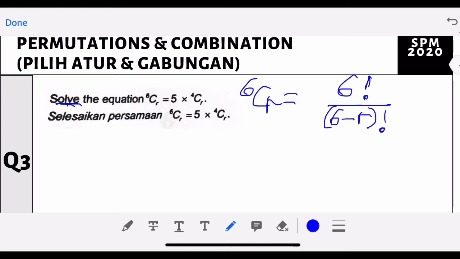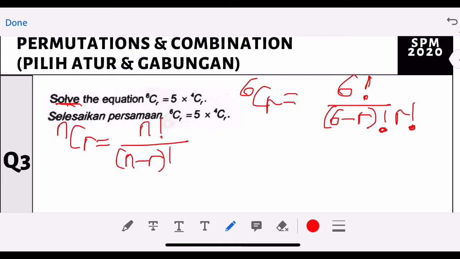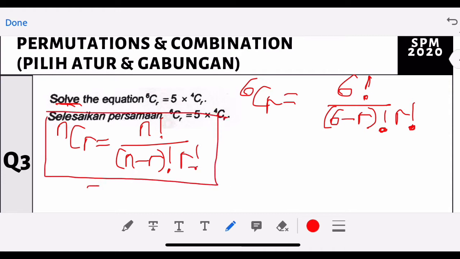Let's say you have 6Cr, so you write 6 factorial over 6 minus r factorial, followed by r factorial. Don't forget. So there is a division by r factorial for combination, right?